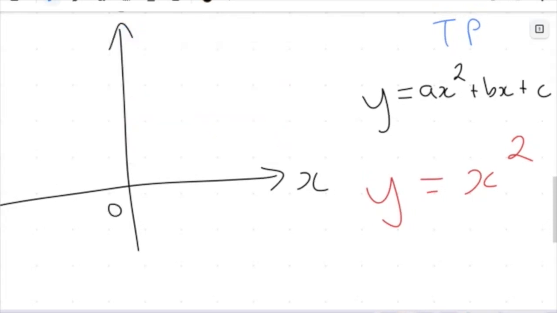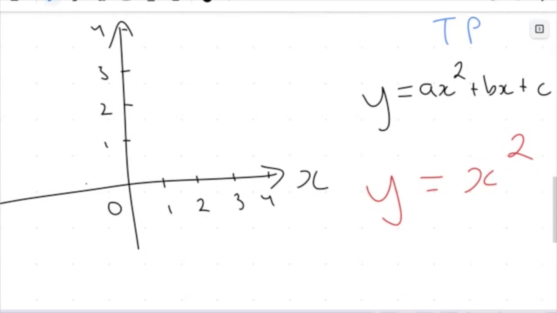Now, if I drew a couple of markings here, and we actually drew this particular relationship using a table of values, we're going to see something very interesting coming up.